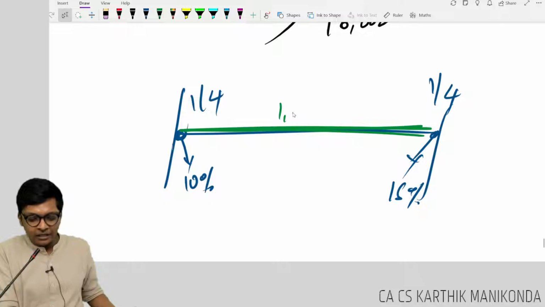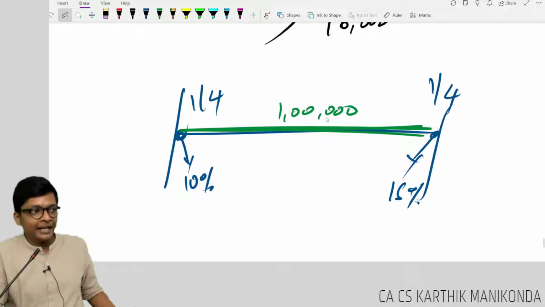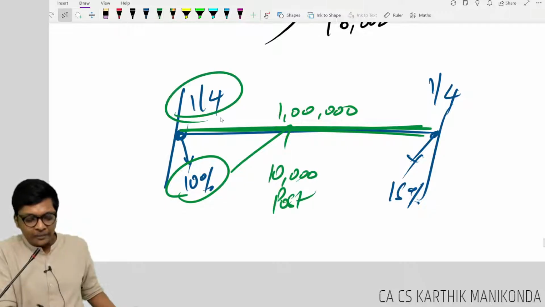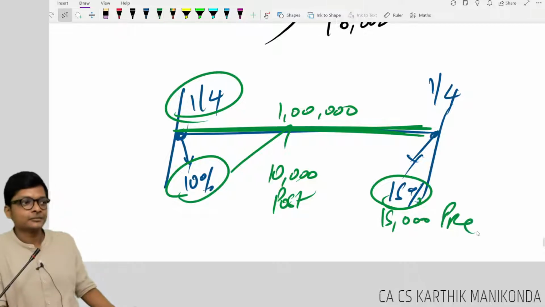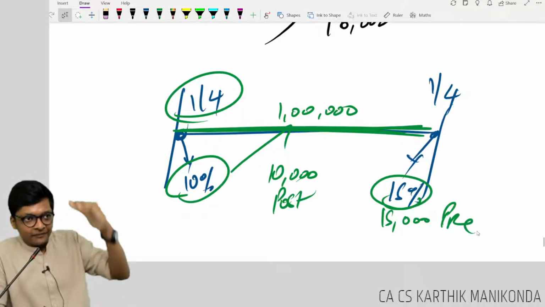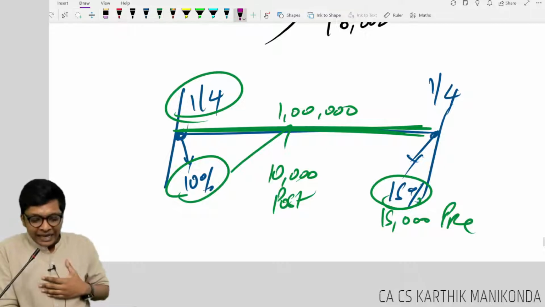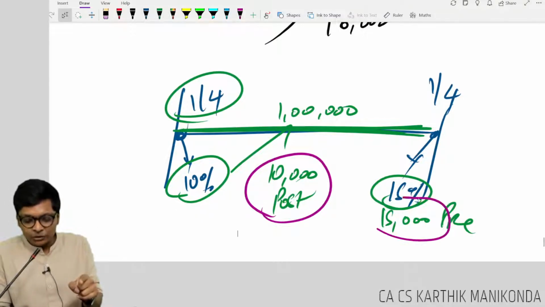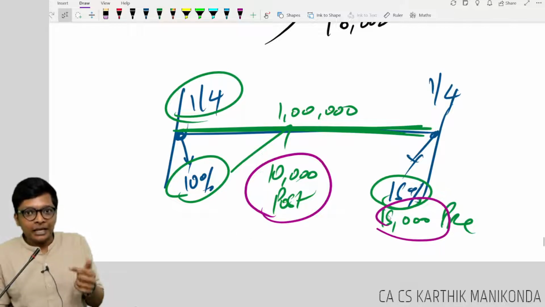Let's say the profit I earn here is 1 lakh. What is my share? 10%. So that 10,000 for me is post from this day. But in this, what is my share I paid? 15. 15,000 is pre. So when you do that investment, you will add 10,000 as post and 15,000 as pre. Are you following?